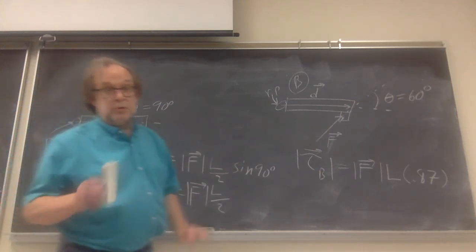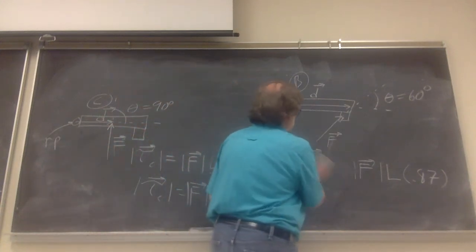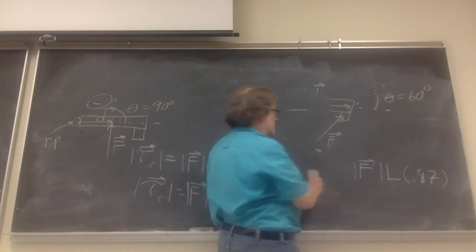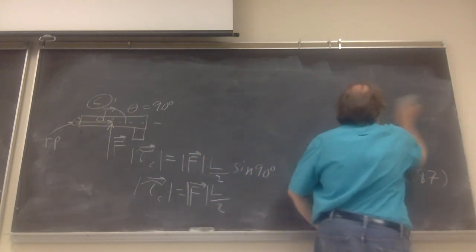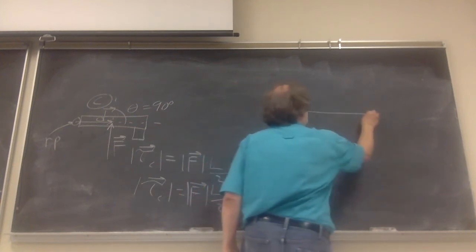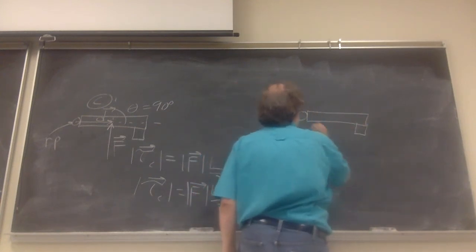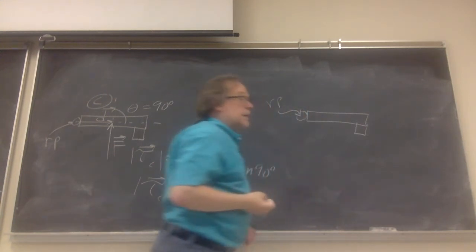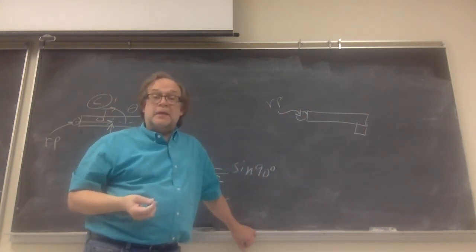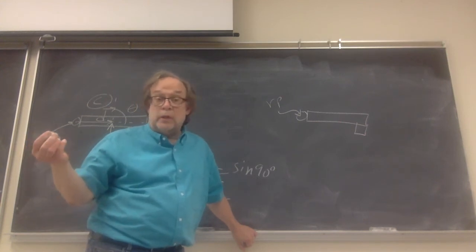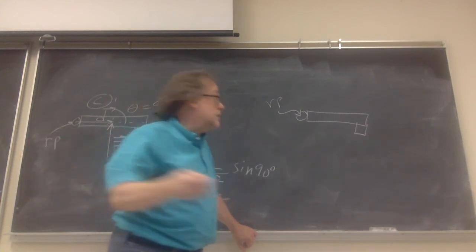Now, last example, an extreme case, which actually is kind of important, even though at first it might seem kind of silly. Same door, same reference point. Now I push right at the hinge. And you know what's going to happen there, obviously. Nothing will happen. The door won't start rotating.